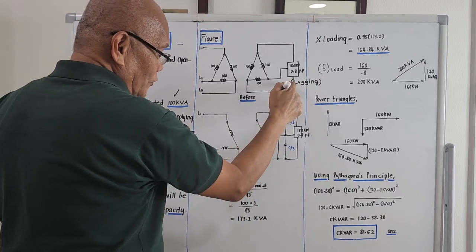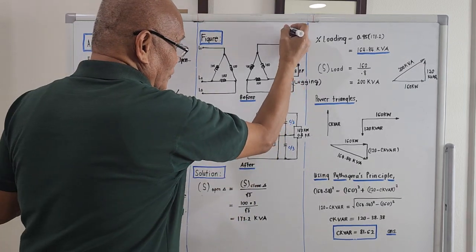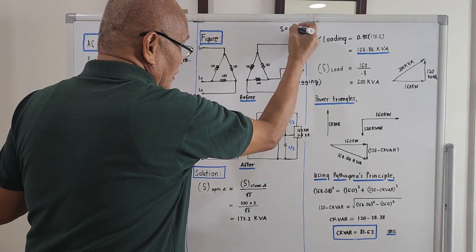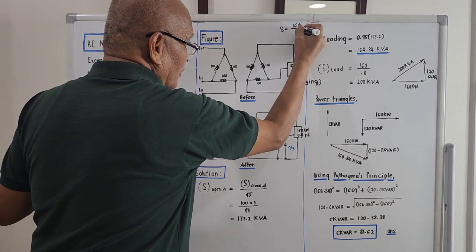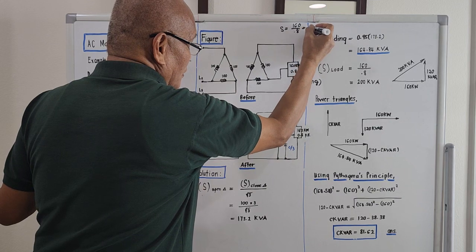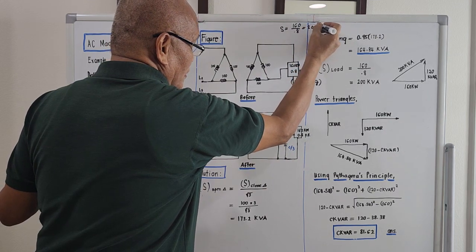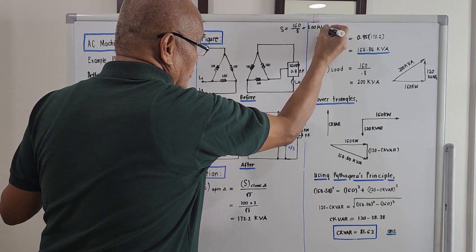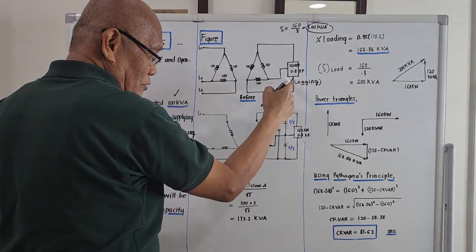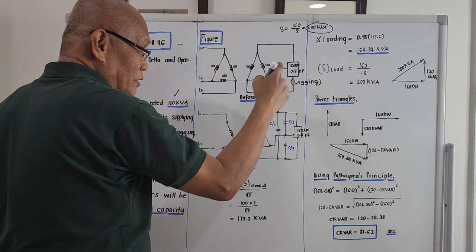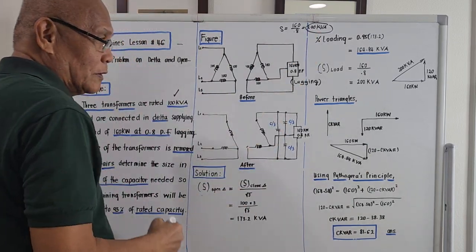If we compute the total apparent power, it will be 160 over 0.8, and this should be 200 kVA. The total apparent power of the load is 200 kVA.